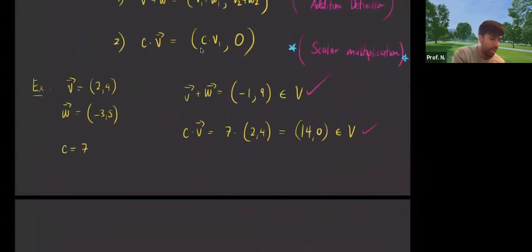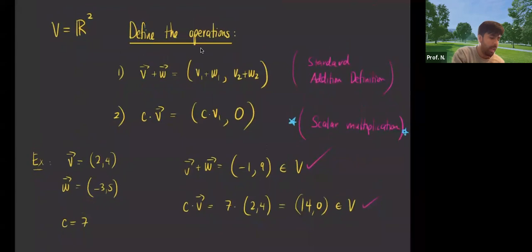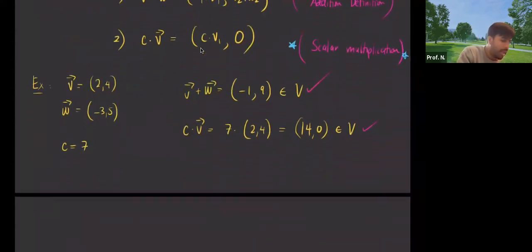But that's a good idea. But again, we're living in R2. So the operations, the way they're defined, produce vectors that are still in R2, which means they're closed. But what's the issue? The issue, if you notice, is the very last axiom.